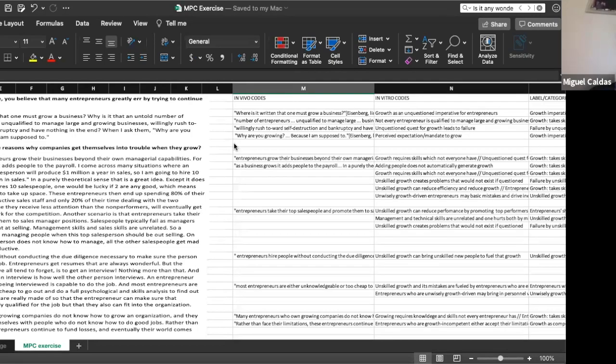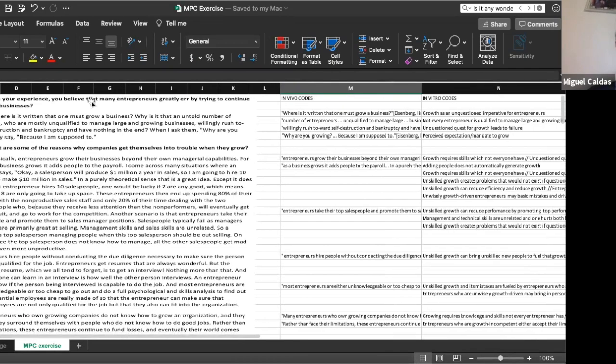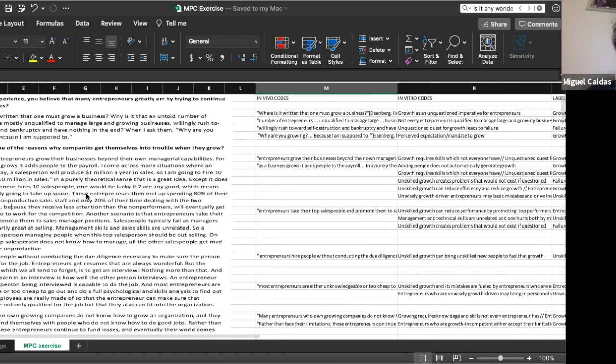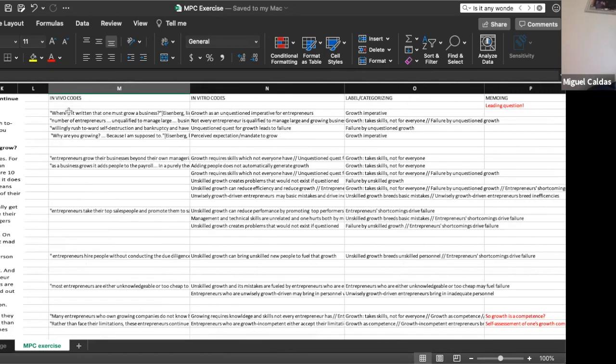All right, I'll share mine and I'll explain what I did before you actually read it. So what I did is this. I basically had the text here, line by line. Then I had in vivo codes. Then I had in vitro codes per line again.